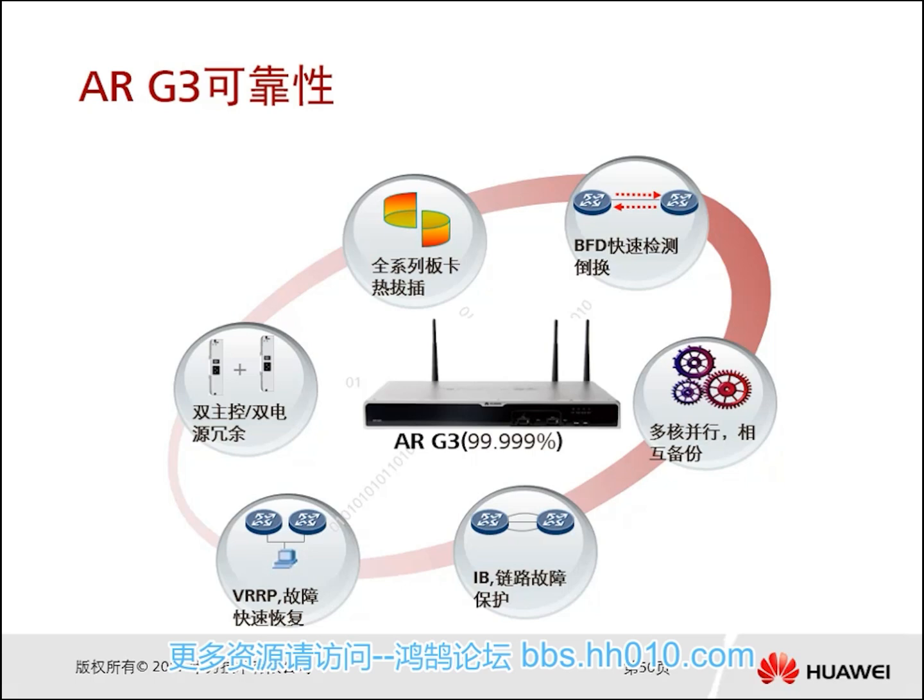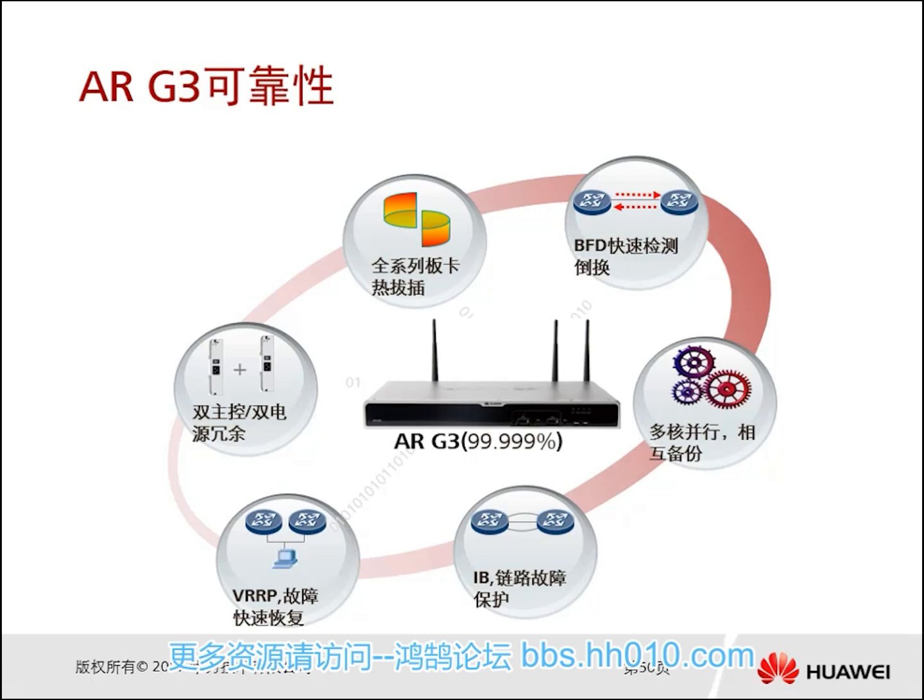Another feature is the hot swappable full range of cards. In fact, this is essentially a redundancy. And BFD rapid detection leads to switching. This is on top of a hardware device. In that design, there is a BFD mechanism added internally. It can detect hardware failures and quickly switch over when they occur.